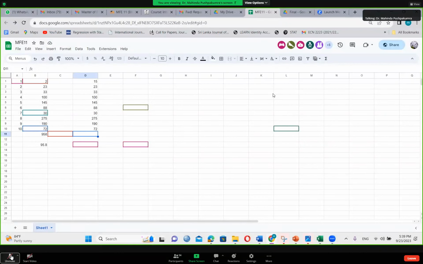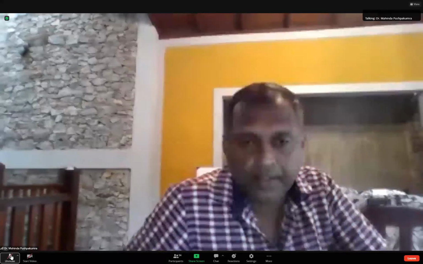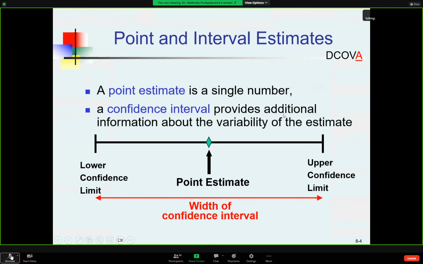Now two concepts should be clear to you: point estimate and interval estimate. The point estimate is a single number. It is based on the sample; it is the sample mean.